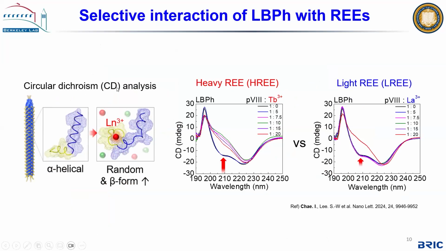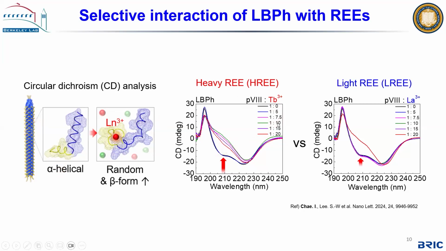Through the circular dichroism analysis, we found this engineered virus originally has an alpha helical structure on the major coat protein. And once these lanthanide ions are introduced in the system, it can change the structure to the random or beta form. So when a heavy RE, for example terbium, is introduced at 7.5 equivalents to the coat protein, we could see the structure change.